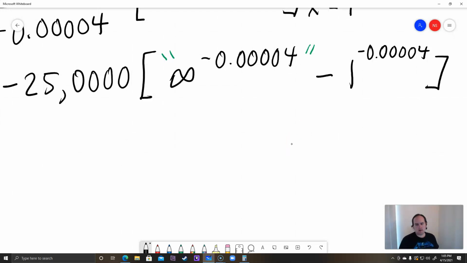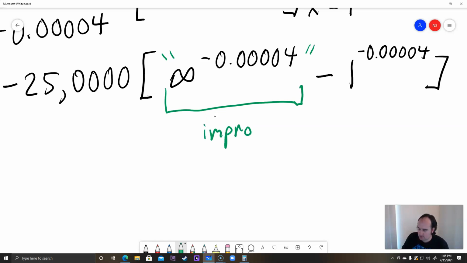Okay, so let's deal with this problem here that I put in quotes. Remember, that's improper. The way it's written is not proper. So we have to write it as a limit. So instead of writing infinity raised to that power, we're going to rewrite it as an exponential. We're going to write it as b, which is what we used last time.